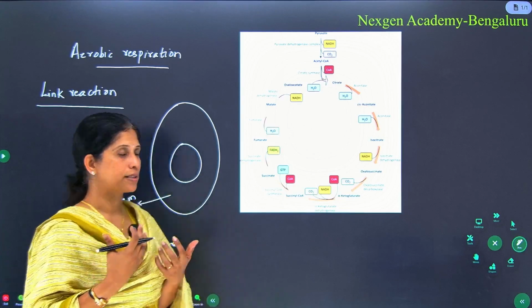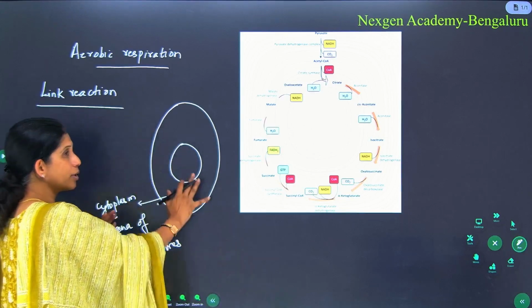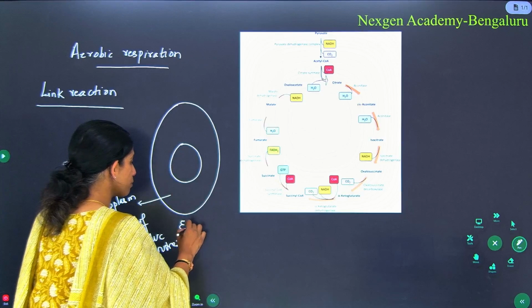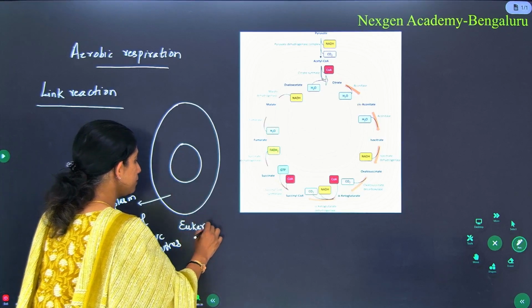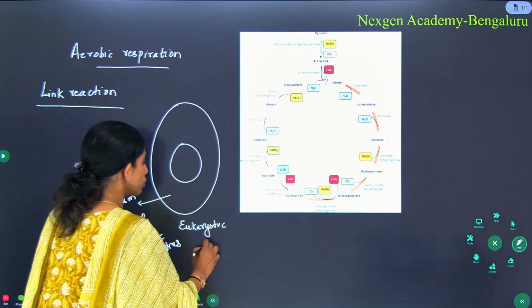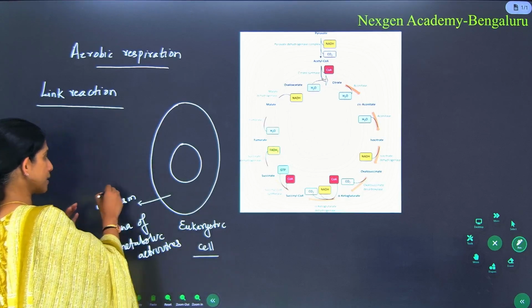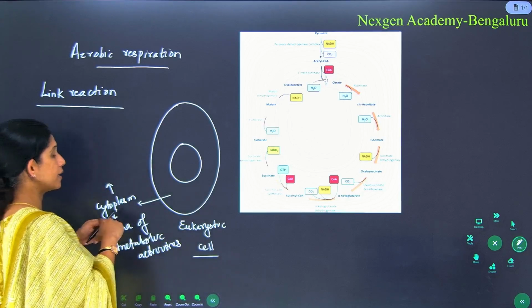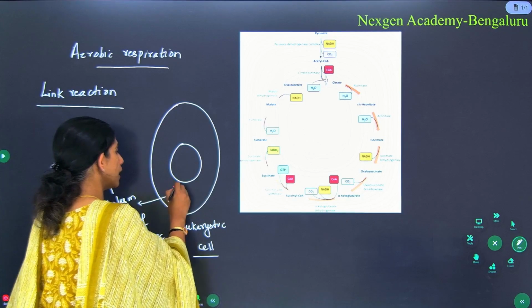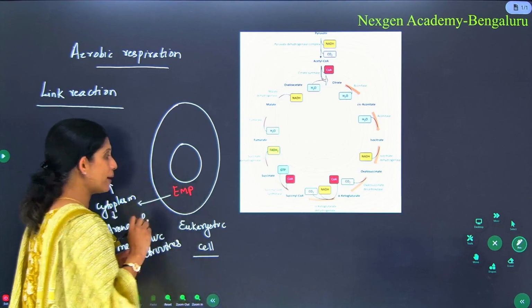That is the cytoplasm. So when we talk about a eukaryotic cell, suppose this is a eukaryotic cell, the initial process here is glycolysis, or the EMP pathway, right?